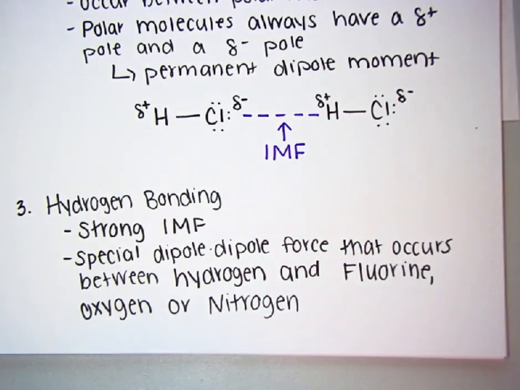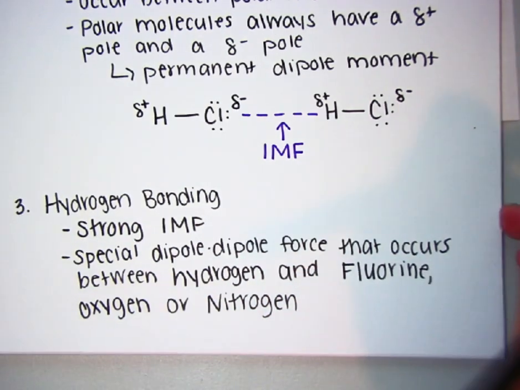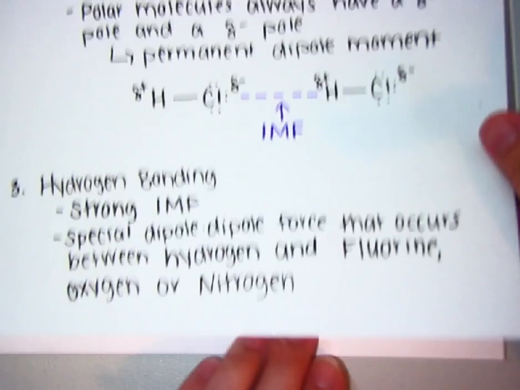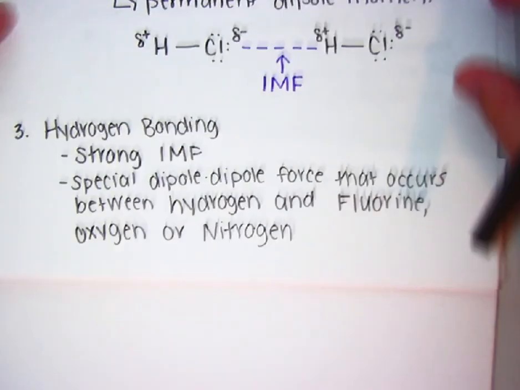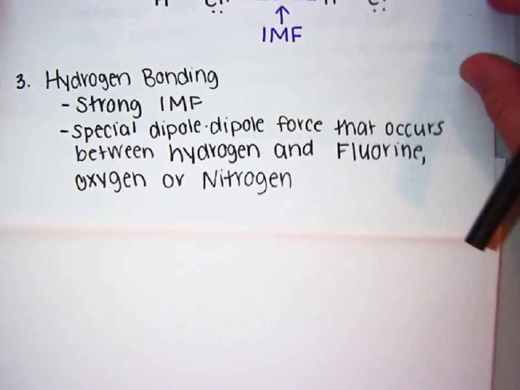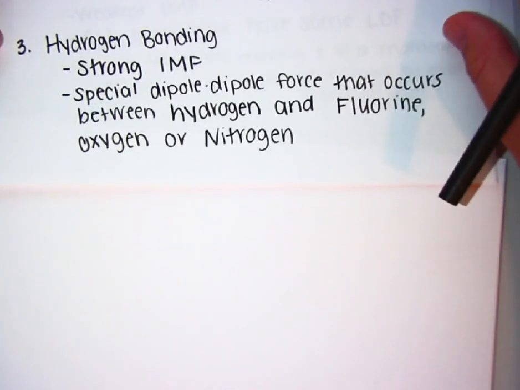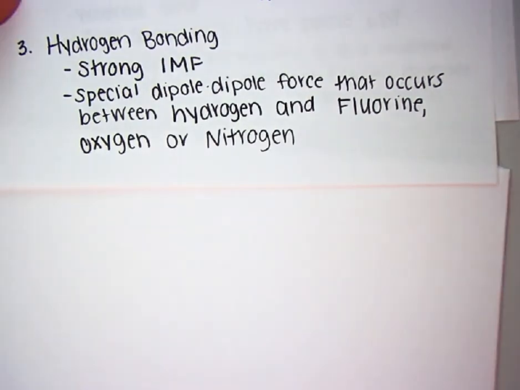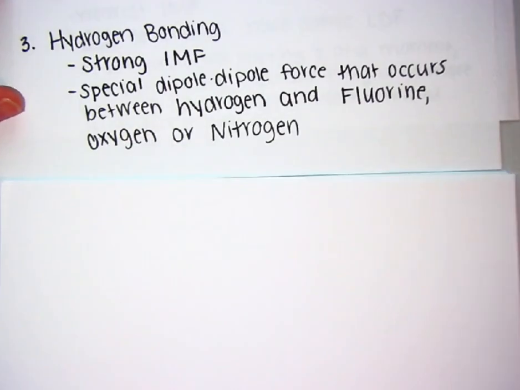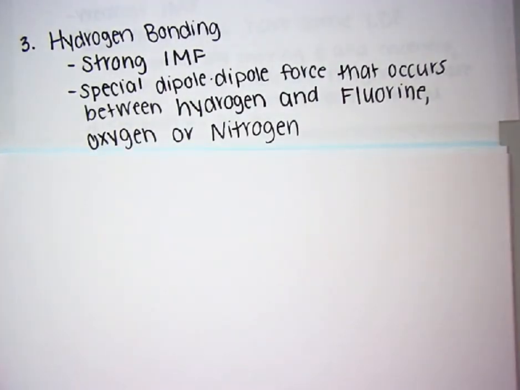The reason it is one of those 3 atoms is because it needs to be a small electronegative atom. So hydrogen bonding is going to occur between either hydrogen and fluorine, hydrogen and oxygen, or hydrogen and nitrogen.